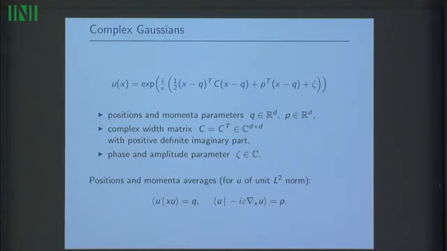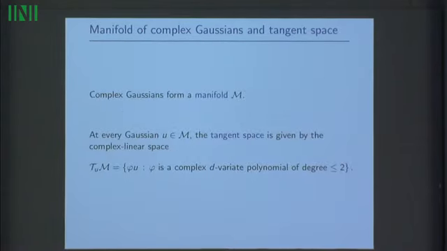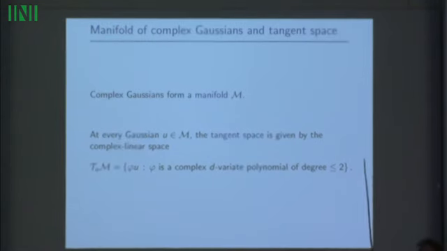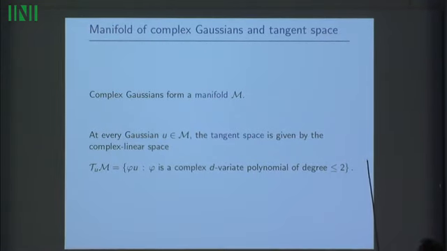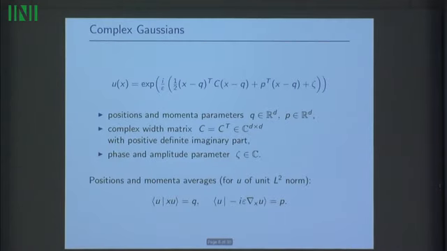So this is the kind of objects with which I want to approximate our wave function. And the first thing to notice is that these complex Gaussians form a manifold. And manifolds have a tangent space. And this tangent space is easy to compute. Well, what do you have to do? You consider a path of Gaussians, and you differentiate this. And if you differentiate here, then you will get powers of x coming down.